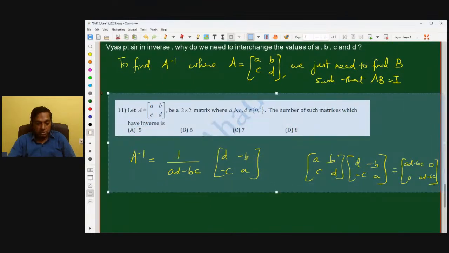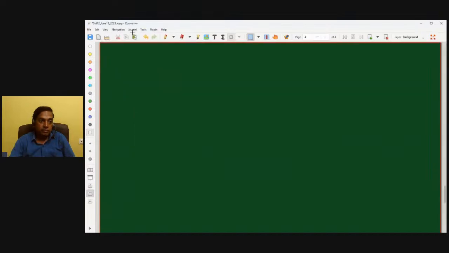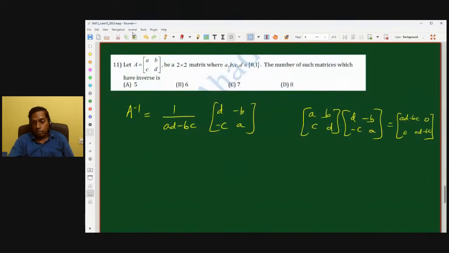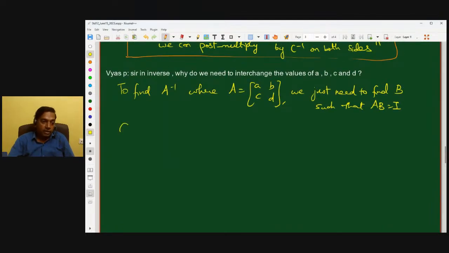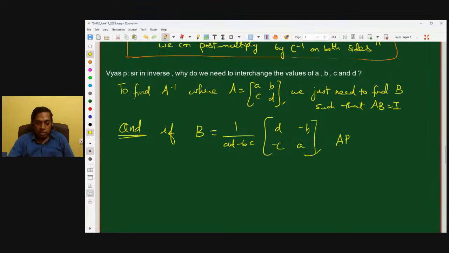I'll just put this on the next page because quite a few doubts have come beyond what I thought. If capital B is 1 by AD minus BC times the matrix D, minus B, minus C, A, then AB turns out to be I.